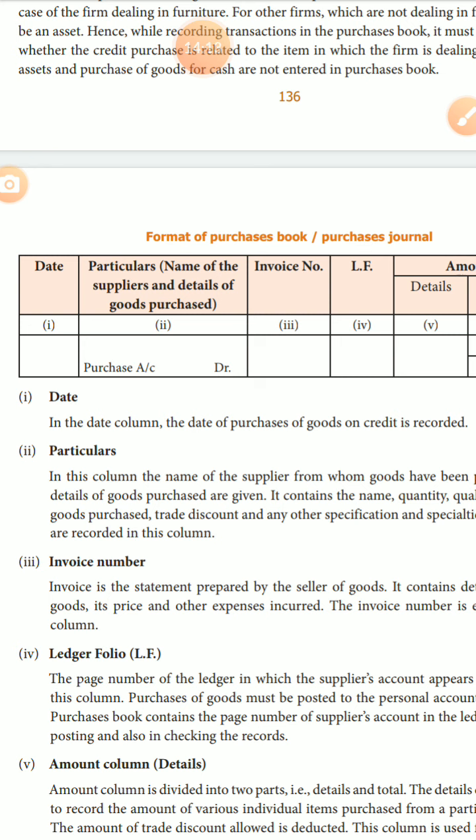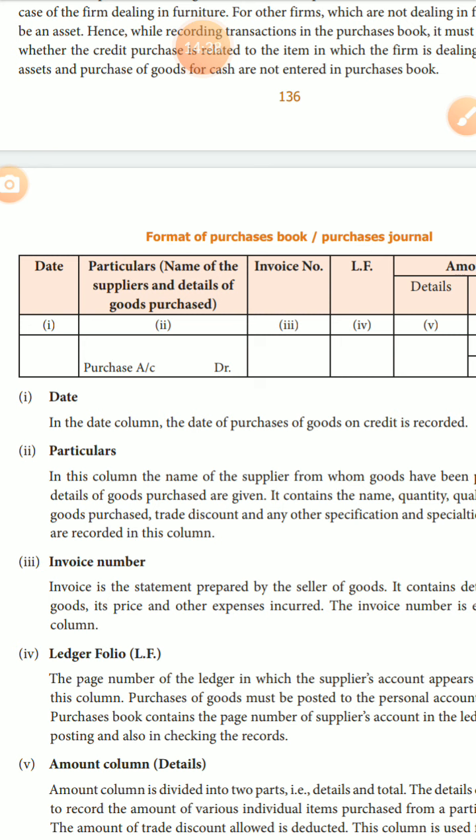Listen, students, in the details column you enter some different quantities. 10 quantity is grinder, 10 quantity is mixie. You enter the amount, then some percentage of discount. Next you subtract the discount amount. Final answer only you put in the total column.